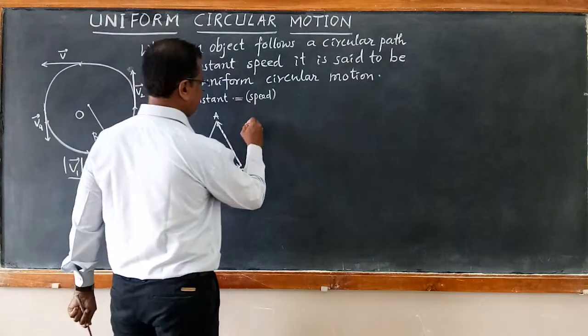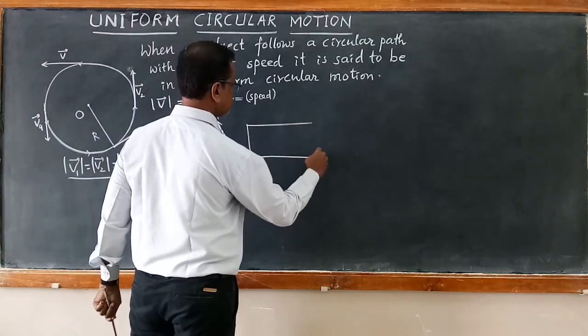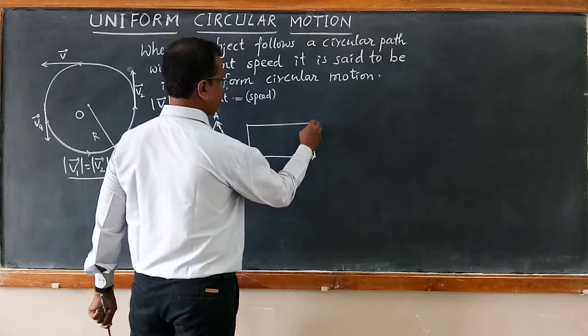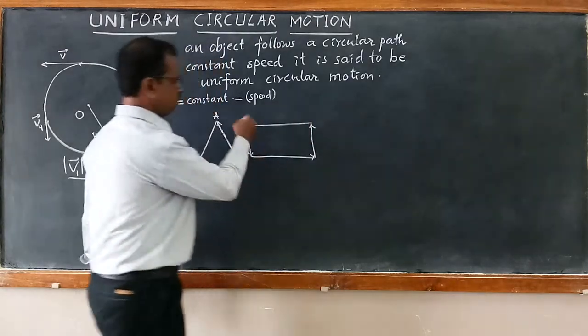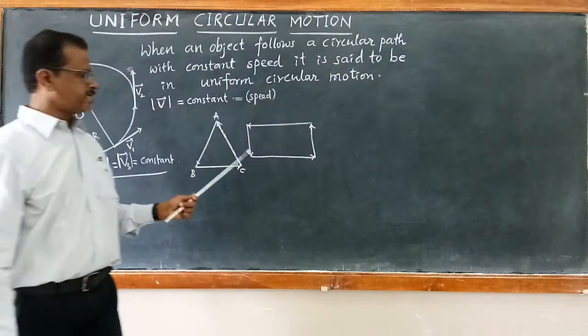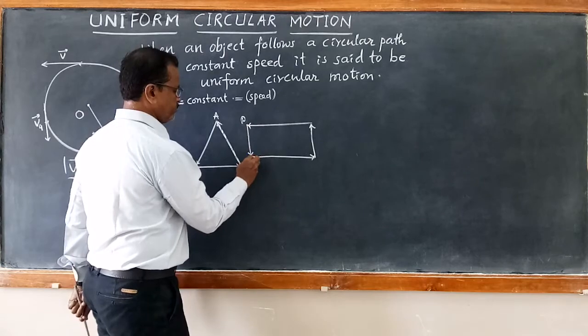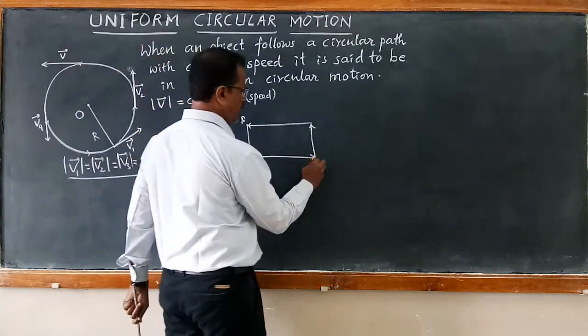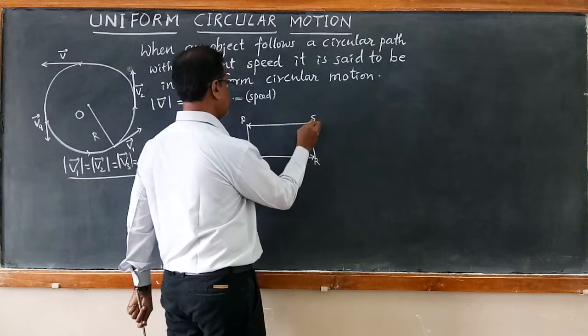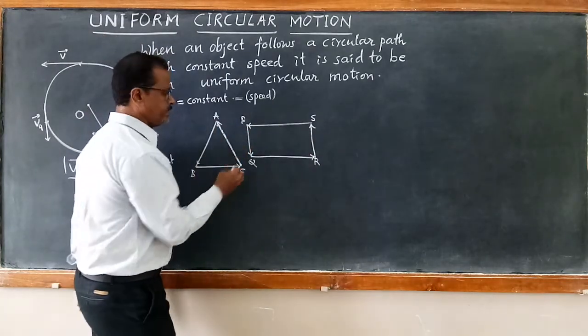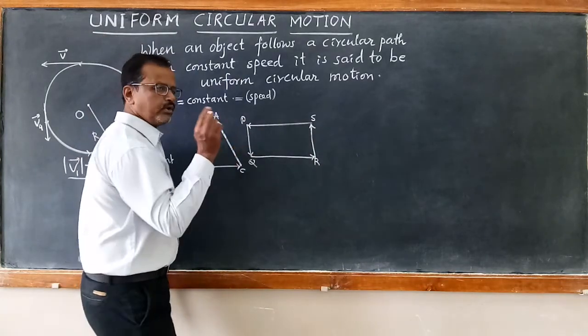If it is a rectangular track, how many times are you going to change the direction? See here: P to Q, Q to R, R to S, S to P. Suppose you are returning with a constant speed, are you not changing the direction four times?